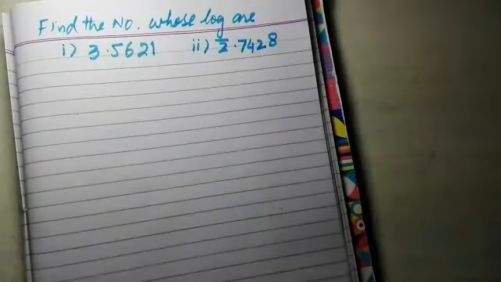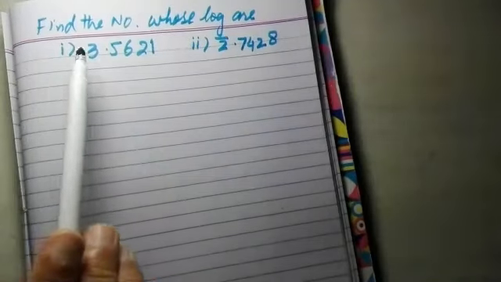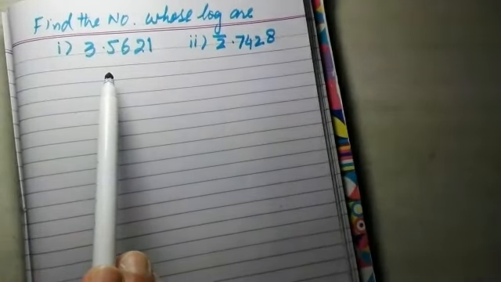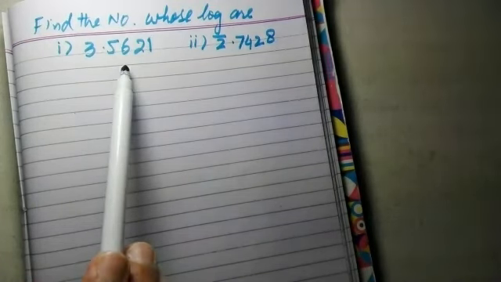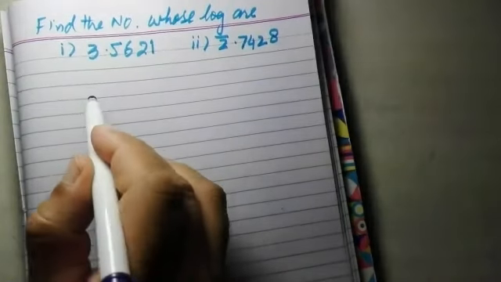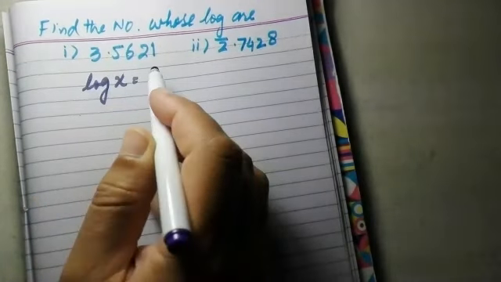Similarly, if we take two further examples for anti-logarithm, the question can be written in this format: find the number whose logs are given. Means we are being asked that the logarithms of a few numbers are written like in part number 1 and part number 2, and we are asked to find which are those numbers whose logarithms are given.